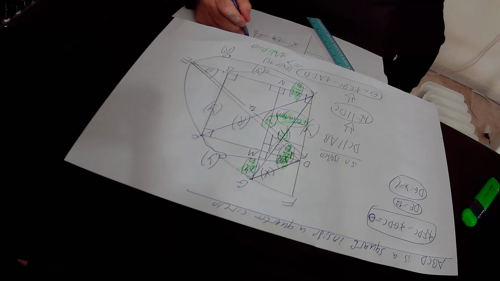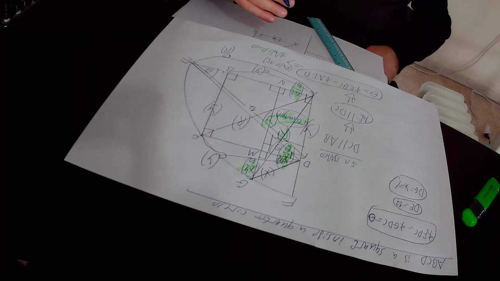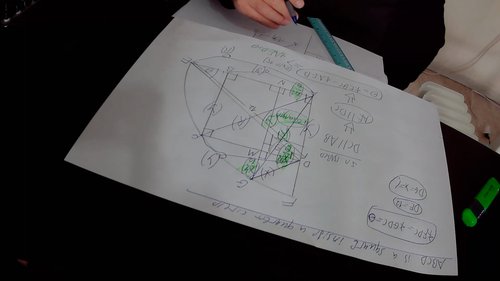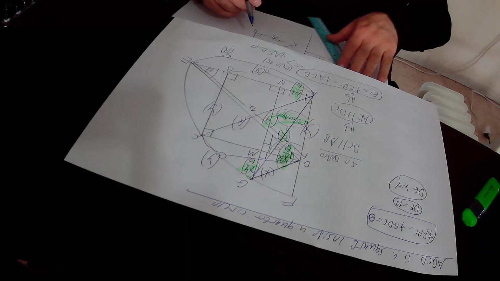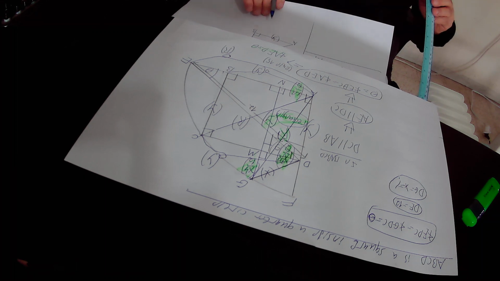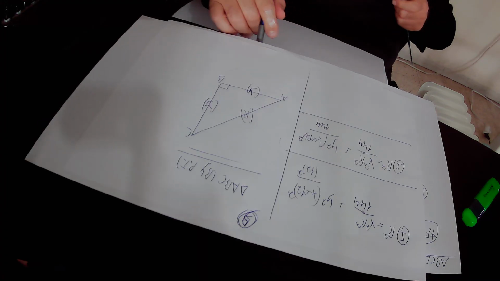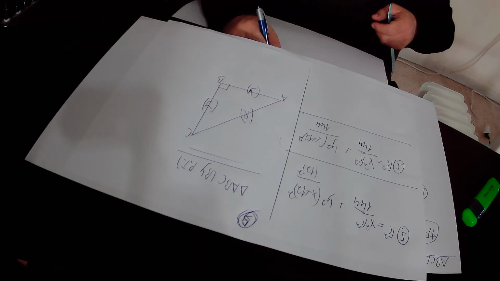Both those two sides are sides of square ABCD, and we know that all the sides of any square are equal to each other, and according to our definition, one side of square ABCD equals Y, and therefore all the other sides must also equal Y. So finally, this is the right triangle ABC.